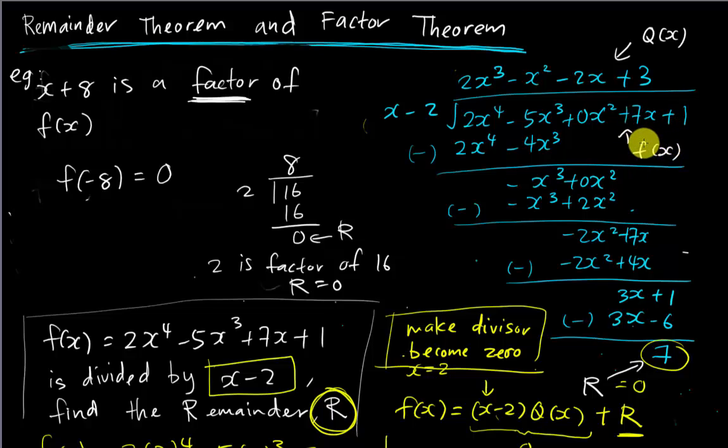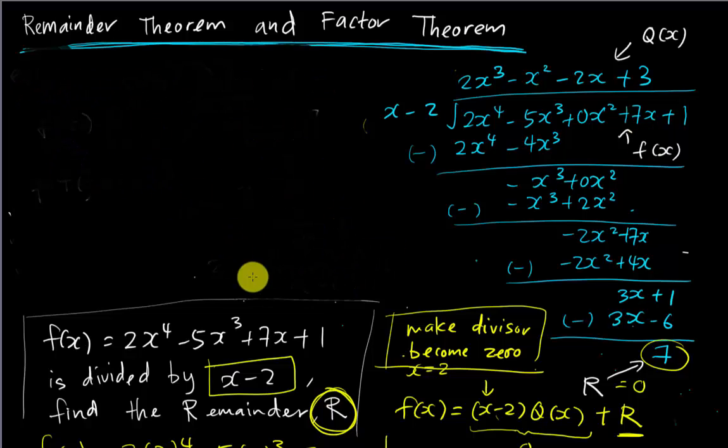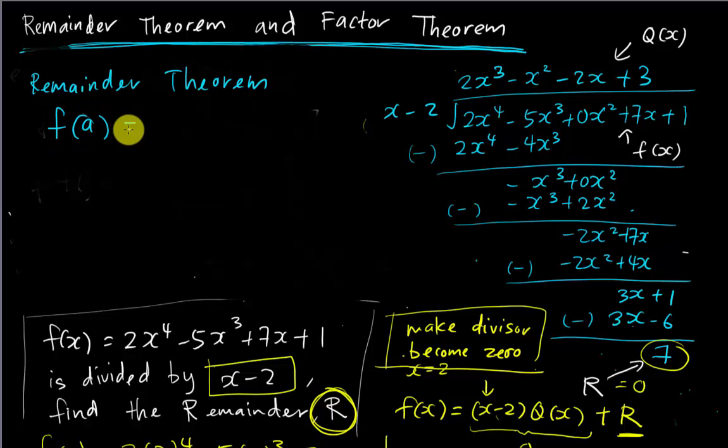Okay? So, before I go into the question, we come out with a conclusion here. The conclusion here is something like this. If this is remainder theorem, you always need to write something like this: f(a) will equals to r for remainder theorem.